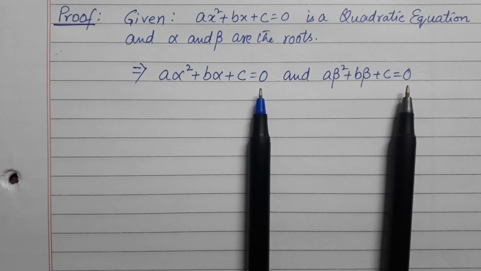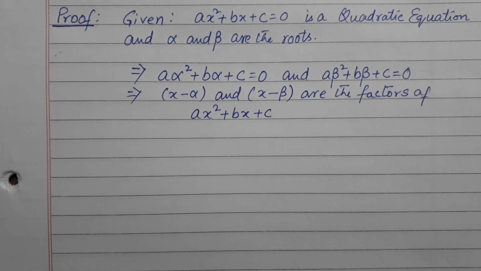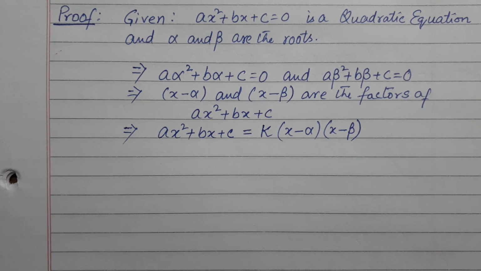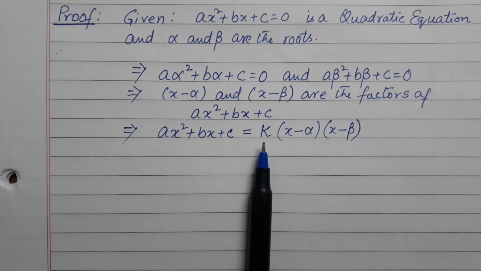So therefore we can say x minus alpha and x minus beta are the factors of the polynomial ax square plus bx plus c. So which implies that ax square plus bx plus c equals to k into x minus alpha into x minus beta. Here k is a constant, and why I have multiplied k?